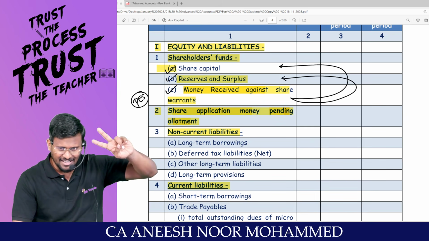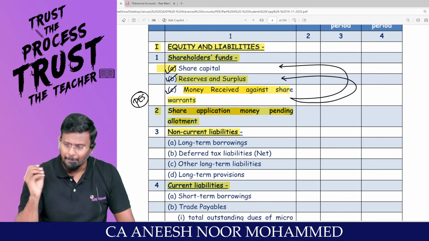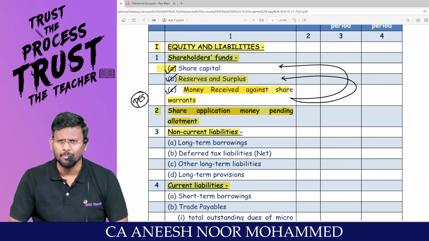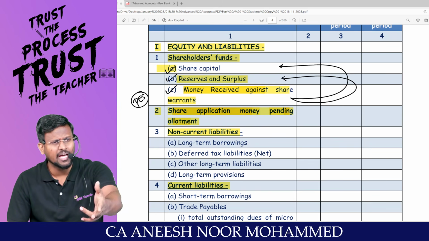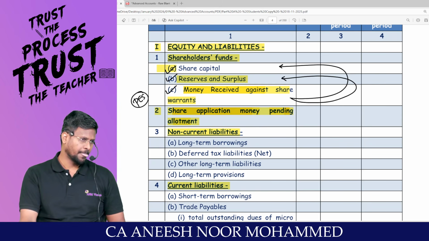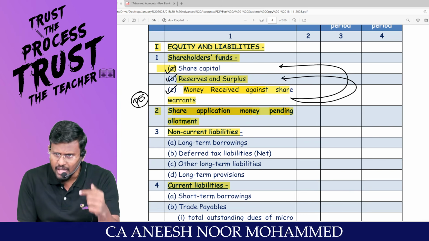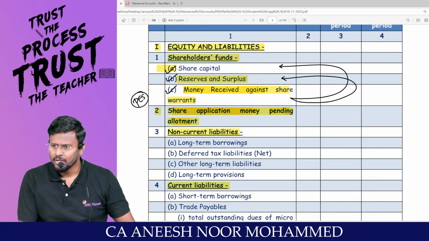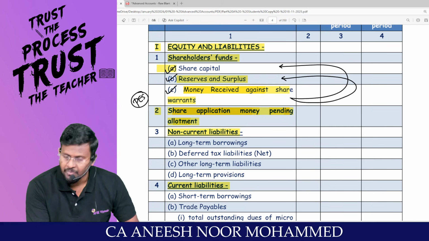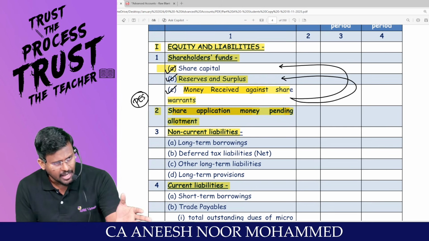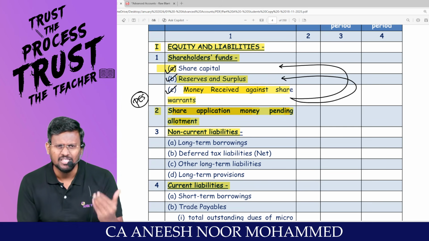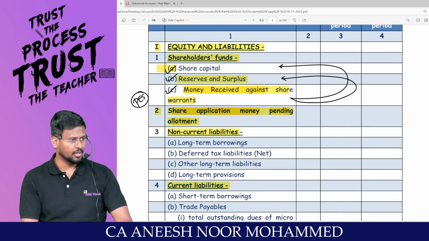Whereas the second category is share application money pending allotment. I may allot the share or I may not allot the share. If I allot the share, shareholders will get shares and it will become share capital. If I don't allot the share, my dear lovable students, I have to refund the money. Are you all really with me?